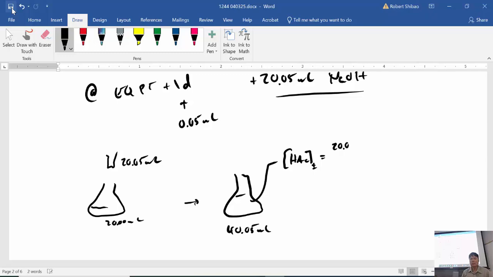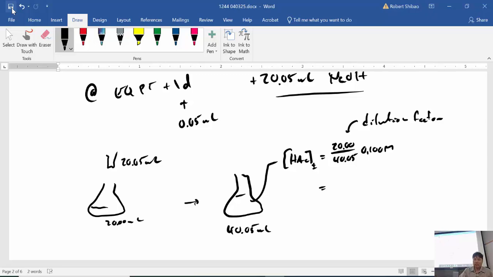This is a 20 to 40.05 dilution of 0.100 molar. This fraction is called the dilution factor. It's almost a 1 to 2 dilution.